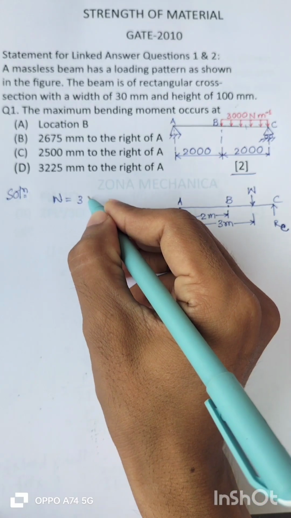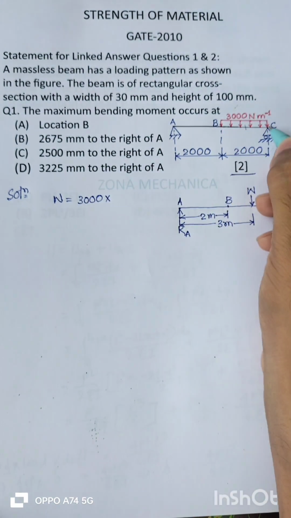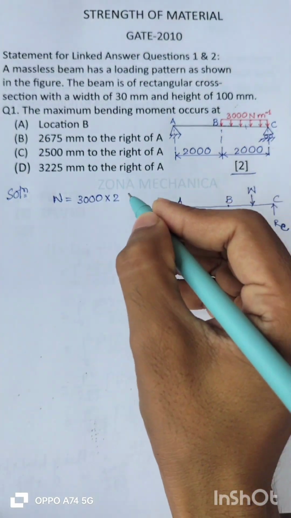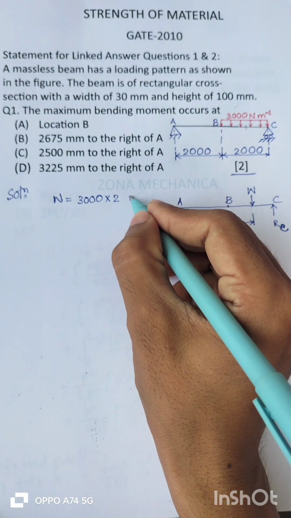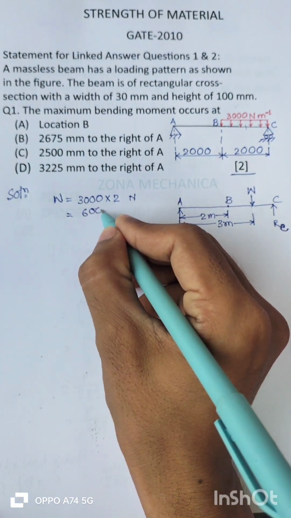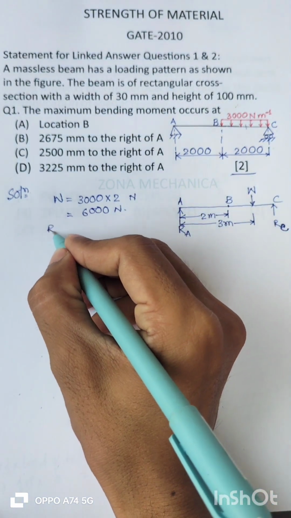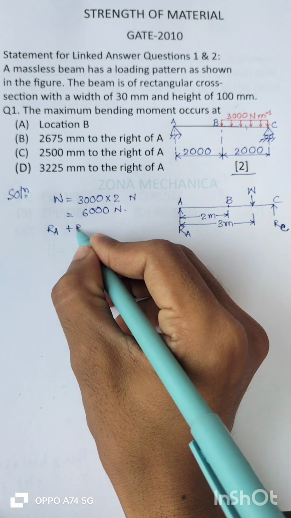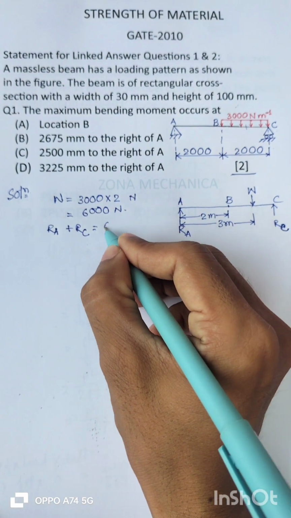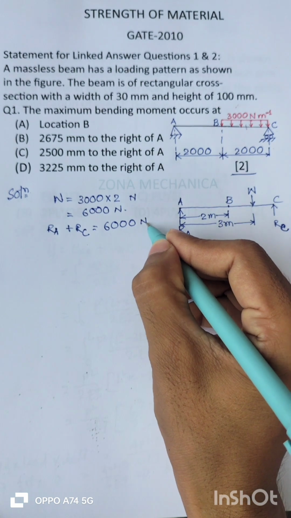So W will be equal to 3000 into this span, that is 2 meters, that is 6000 Newtons. So clearly RA plus RC will be equal to 6000 Newton.